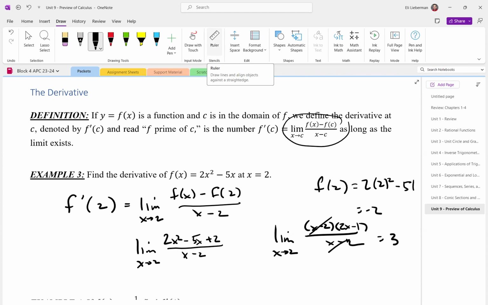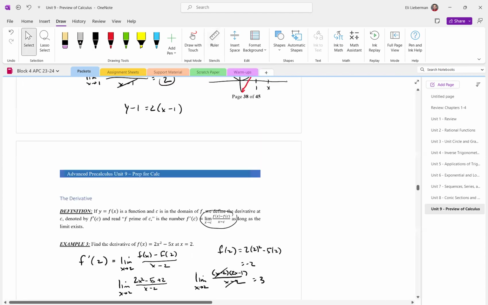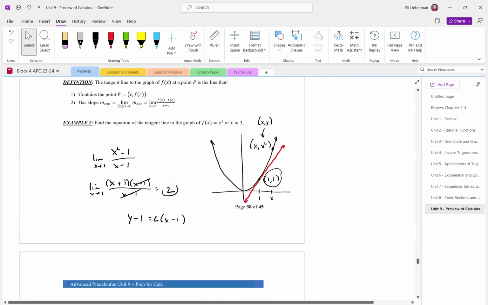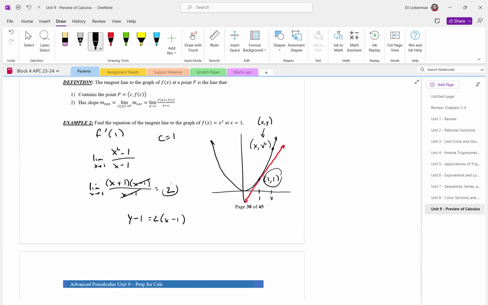It's given to us as an x value. Right, so in the last problem that we did, C was 1, and we found f prime of 1. But we didn't call it a derivative, we called it the slope of a tangent line. Derivative and slope of a tangent line are exactly the same thing, a special kind of rate of change. It's not average rate of change, but instantaneous rate of change. You're going to hear that too.